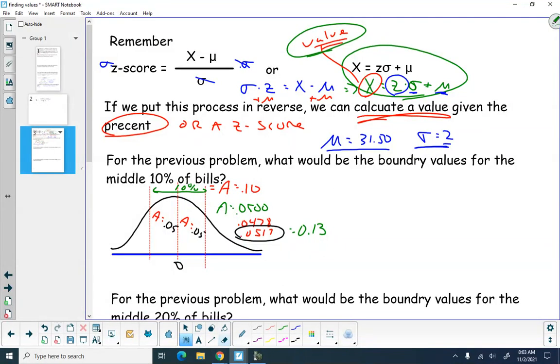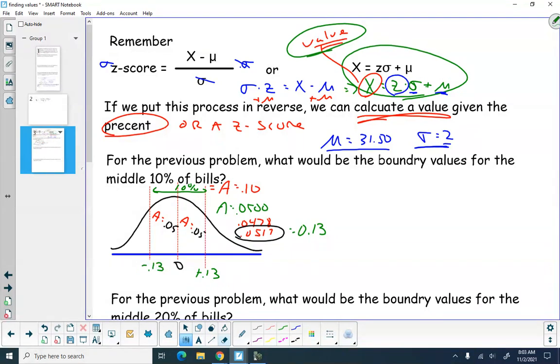Because I have to go to my left. I'm at the 0.1 there. Then I go to the 0.0517. That gives me 0.03. So my z-score is going to be a positive 0.13. This will be a negative 0.13.